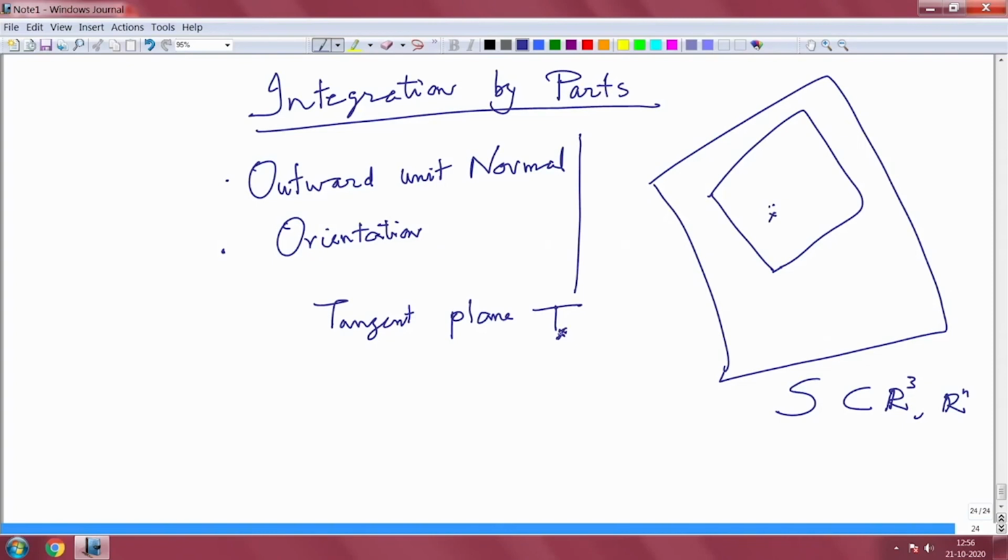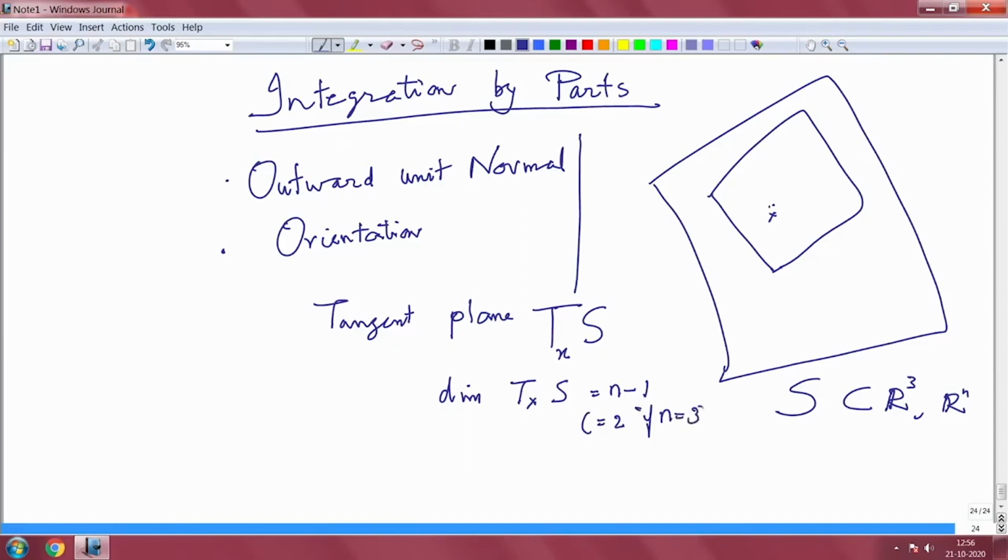The dimension of the tangent plane will be n minus 1, that is equal to 2 if n is 3.